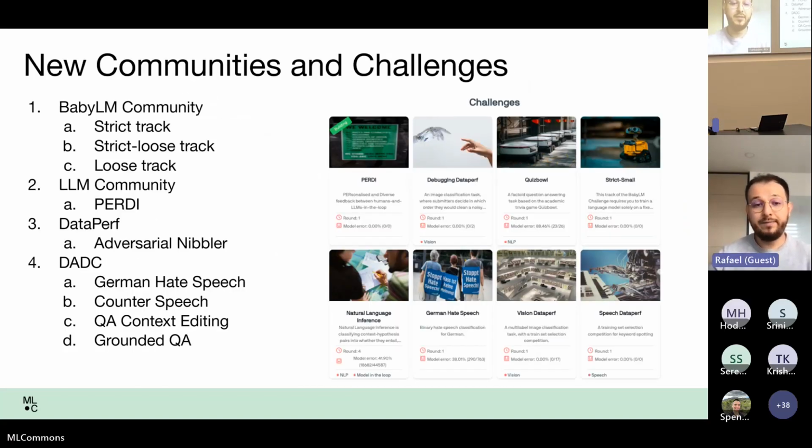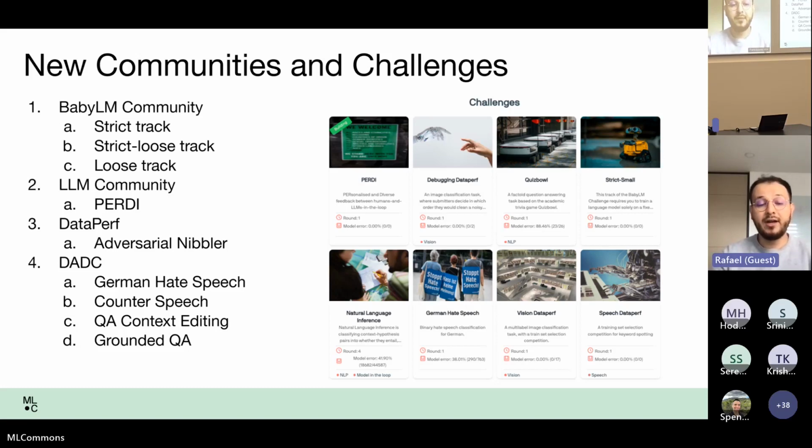As a result of that, we've created new communities that have reached out to us, such as BabyLM, an LLM community, and we've also worked on creating new challenges for the previous communities. Those include DataPerf and the Dynamic Adversarial Data Collection community, all of which are currently running challenges. Here, I'd like to highlight the first two of them, BabyLM and the LLM community, because they're currently running very interesting benchmarks on large language models and baby language models.